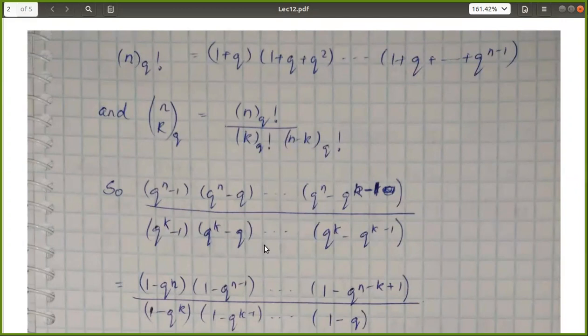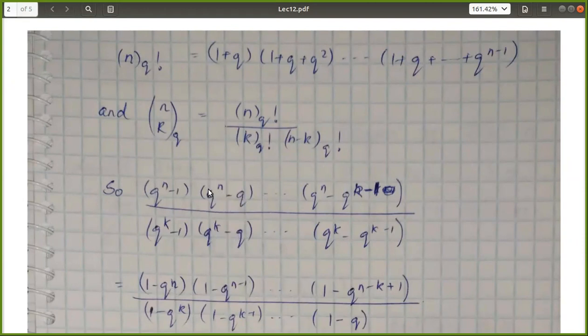So this entire rational function can be rewritten as (1 minus q raised to n)(1 minus q raised to n minus 1), and so on. And why does all this appear to be 1 now? Because from this bracket, I take a q out, and the q which comes out of this bracket and the q which comes out of the bottom bracket cancel out.